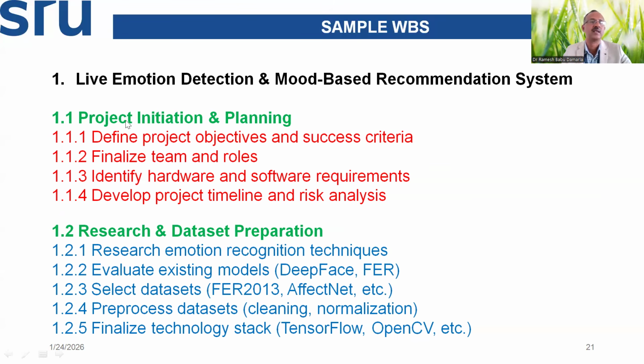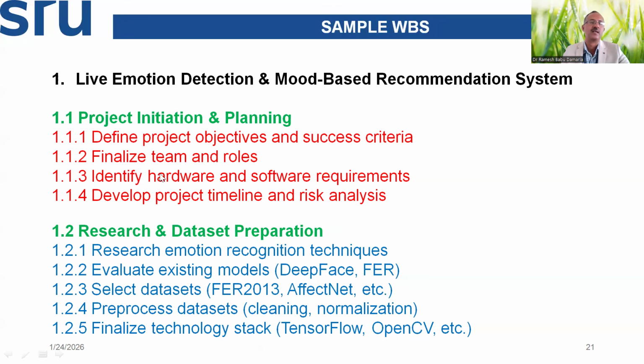So here we can see under project initiation and planning, there are 4 components of level 3. This is level 1, this is level 2, and all these are level 3. In this planning initiation stage, we define the project objectives and success criteria. Point 1.1.1 is allocated to 1 member or 2 members or 10 members to create this.